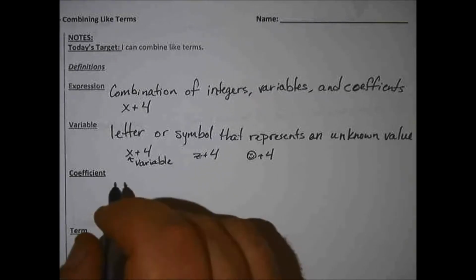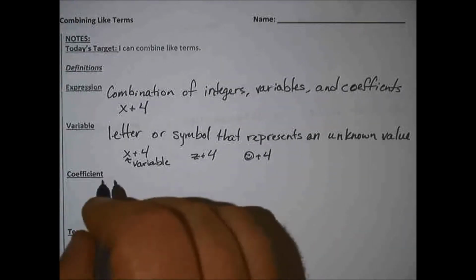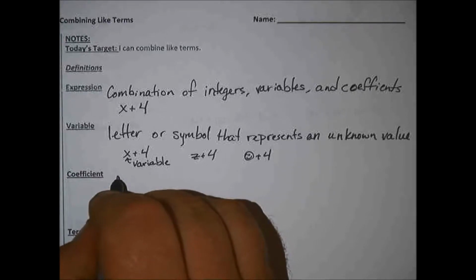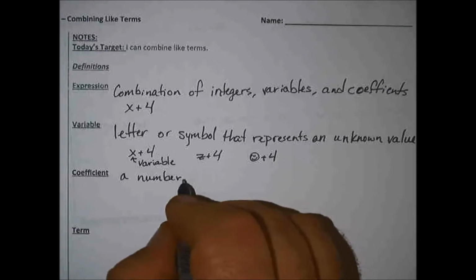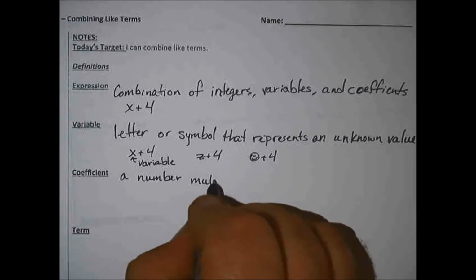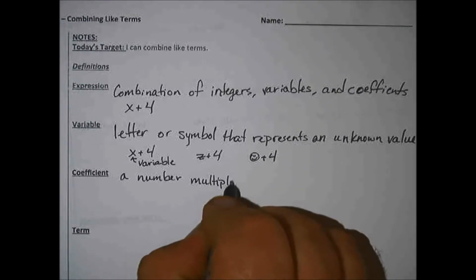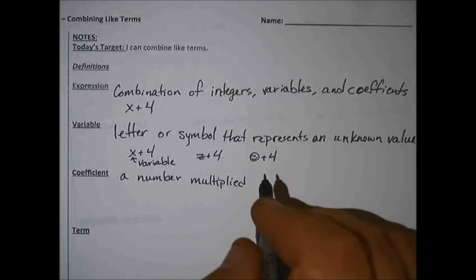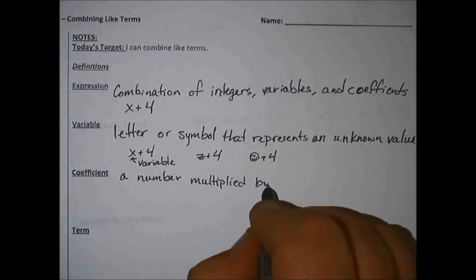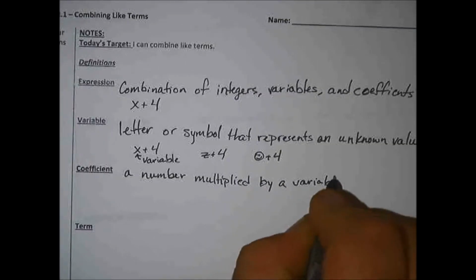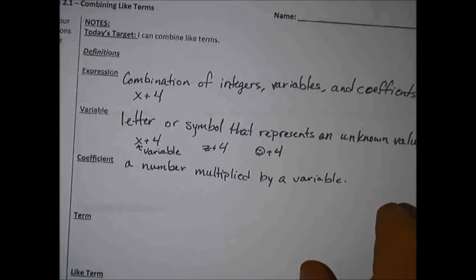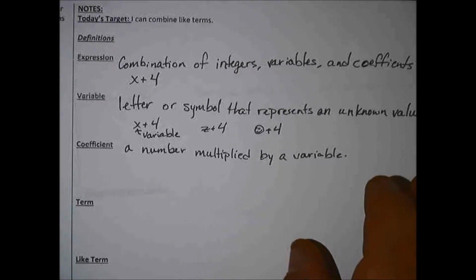Okay. Now a coefficient, we use the word coefficient to mean a number that is multiplied by a variable. All right, so it's just a number multiplied by a variable.